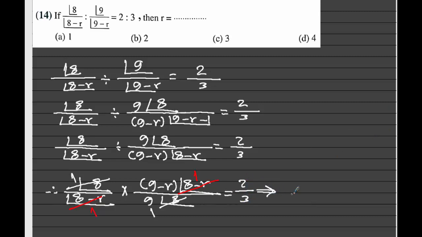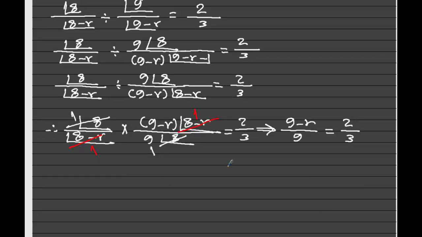It means 1 multiply 9 minus r, it is 9 minus r, over 1 multiply 9 equals 9, equal to 2 over 3. Cross multiplication, we have 3 multiply 9 minus r equals 9 multiply 2.